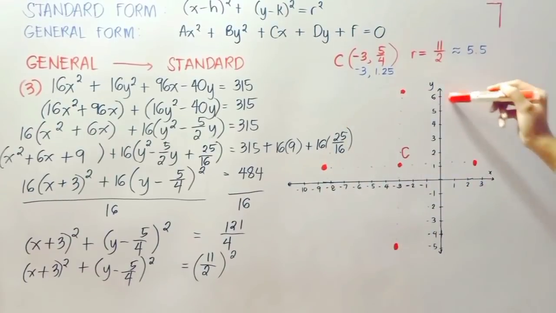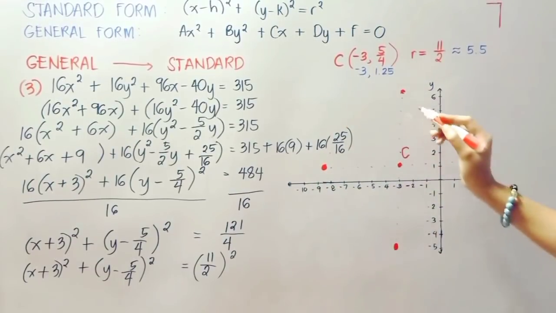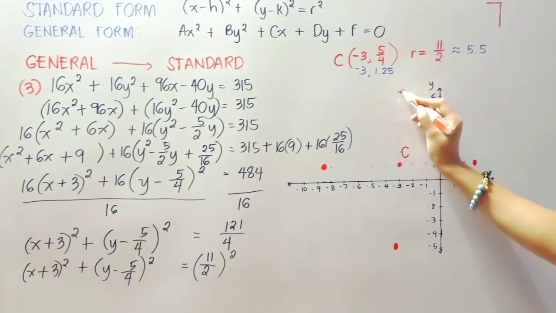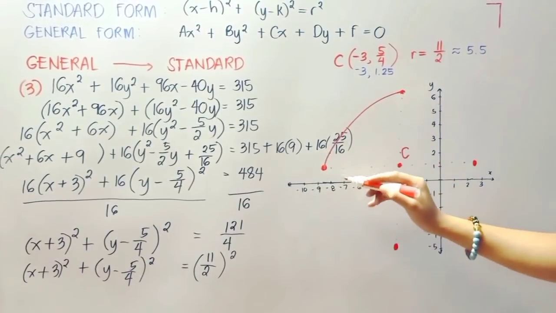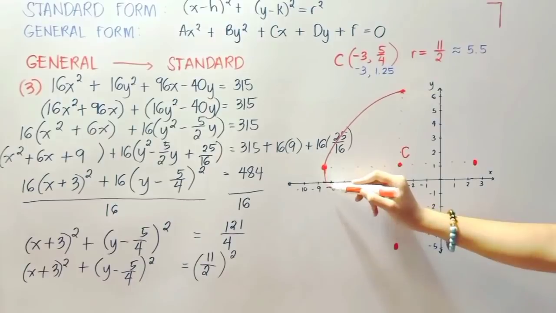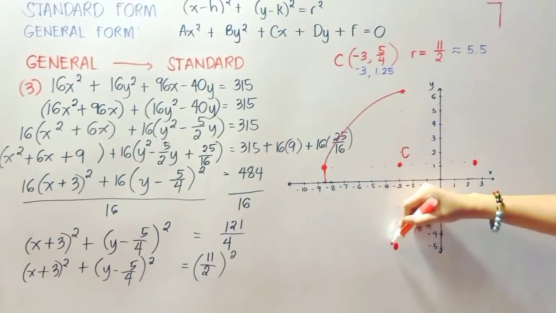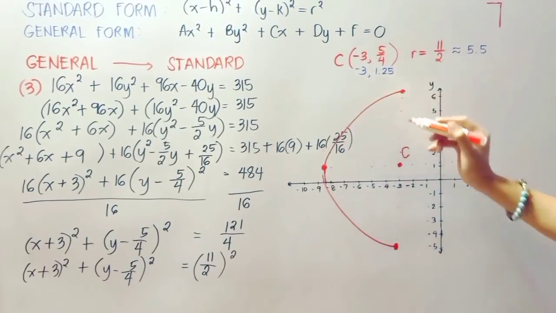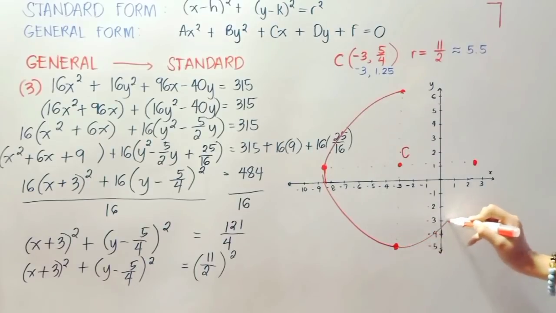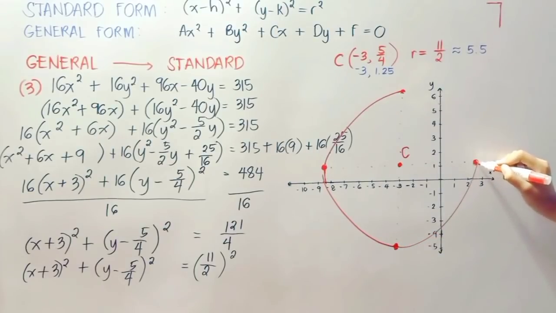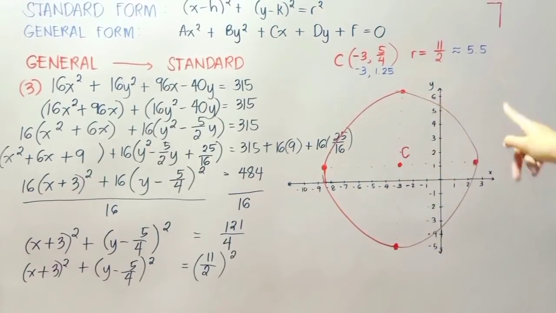So we will have to make use of those dots to create our circle. Assuming that this is a perfect circle, so this is our graph.